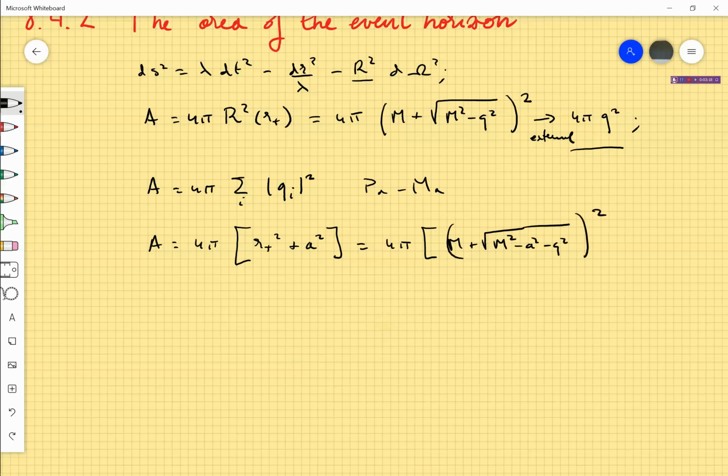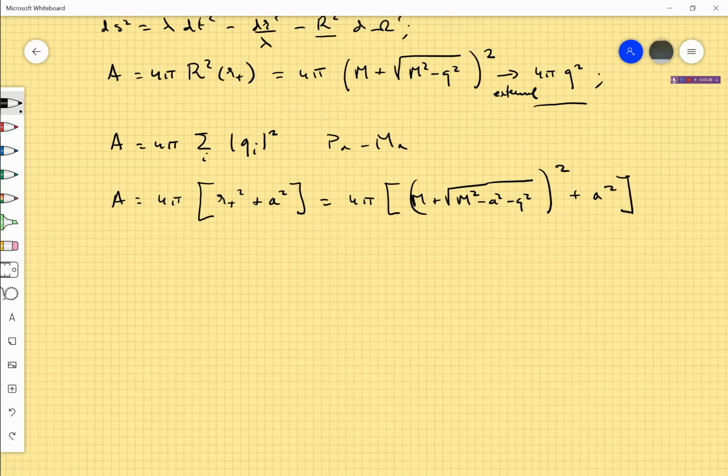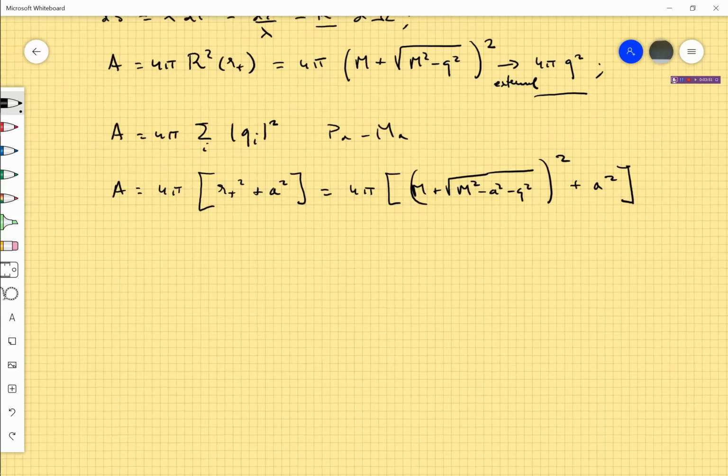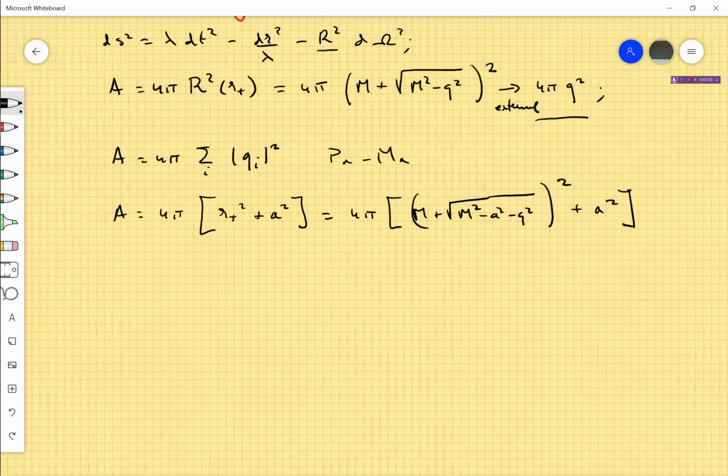Why should we consider this magnitude? This magnitude has a very interesting property that was proven by Hawking, and you can take a look at Wald's book for this particular theorem: the area of the intersections of the event horizon with space-like surfaces. Let's explain what this is. The horizon is a three-dimensional space, as we have said many times.